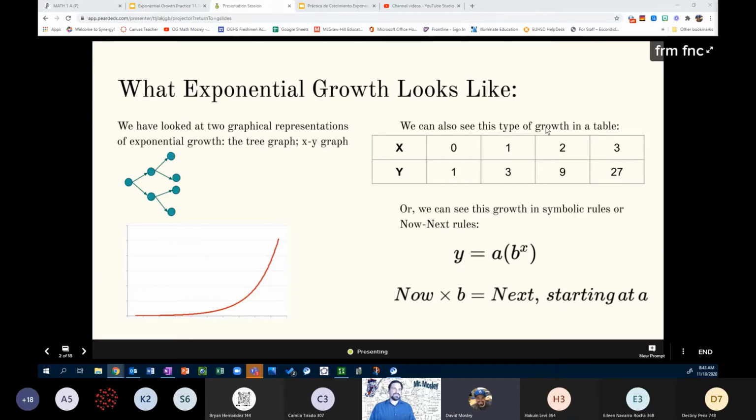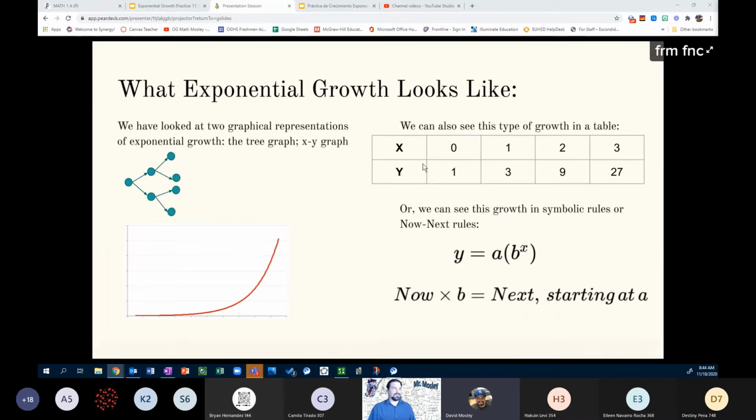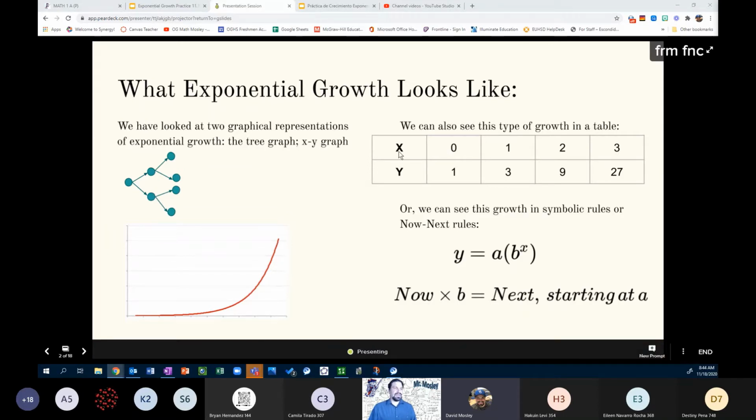And we can also see this type of growth in a table. Here we have a horizontal table. We could also use a T-table if we wanted. X is increasing by 1. The output, or Y, is growing exponentially, and we can see that because it's not growing by the same amount each time.